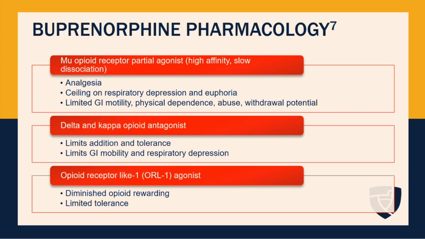Also, it has opioid receptor-like 1 or ORL1 agonist activity. This leads as well to diminished opioid rewarding as well as limited tolerance. So lots of interesting pharmacologic effects, which all leads to good pain control, but a lot less of the concerning things we have with other opioid pain relievers.